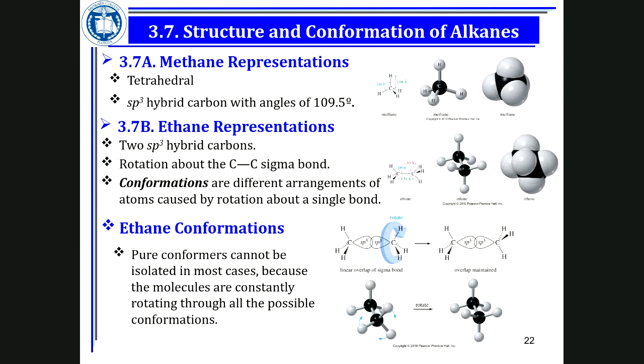You have 109 bond angle. Hybridization is sp3, and it's in any direction, it's all symmetrical. Any direction you are going to rotate is going to look the same. So it's always 1 carbon.